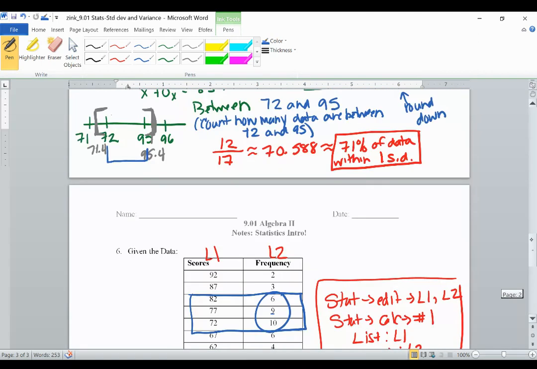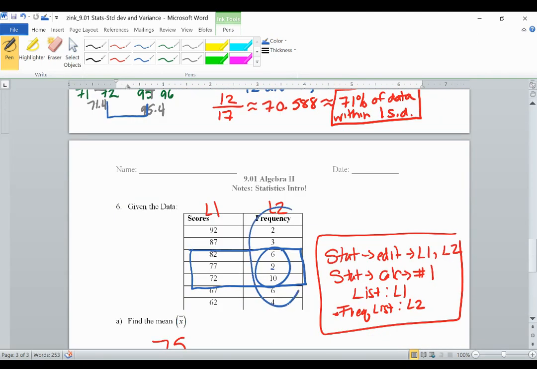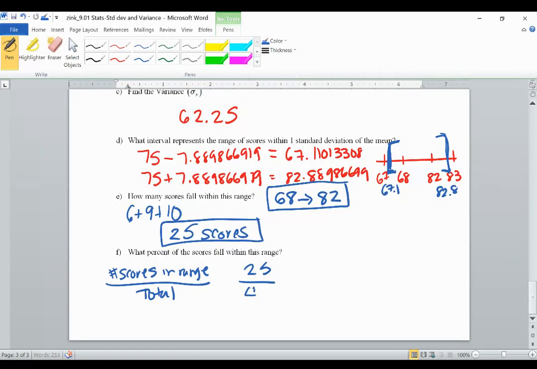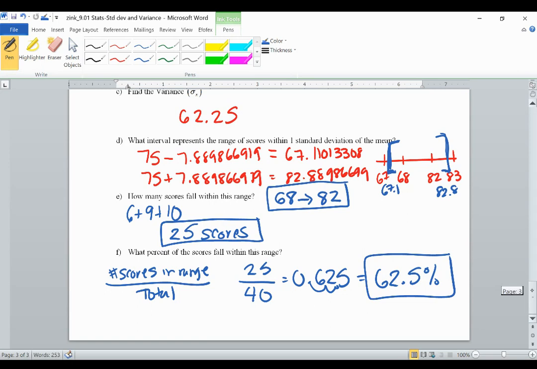Or if you didn't do that, you could just add up your entire frequency list. Either way, that should give you 40. So that's 0.625. Multiply that by 100 or move your decimal over twice, which gives you 62.5% of the scores. All right, and that is it for 9.01.